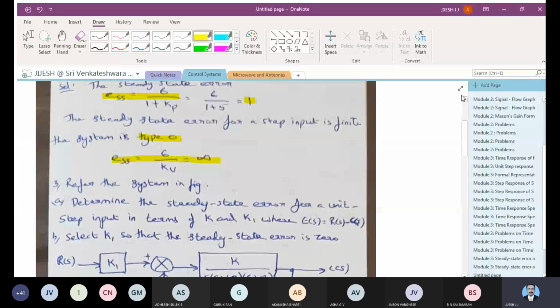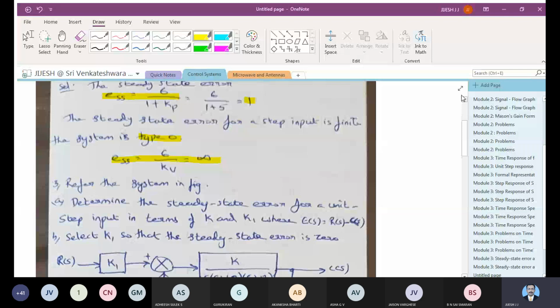So they are asking you to find out the steady state error for a unit step input in terms of K and K1, where ES is equal to RS minus CS. Also, they are asking you to select K1 so that the steady state error is 0.